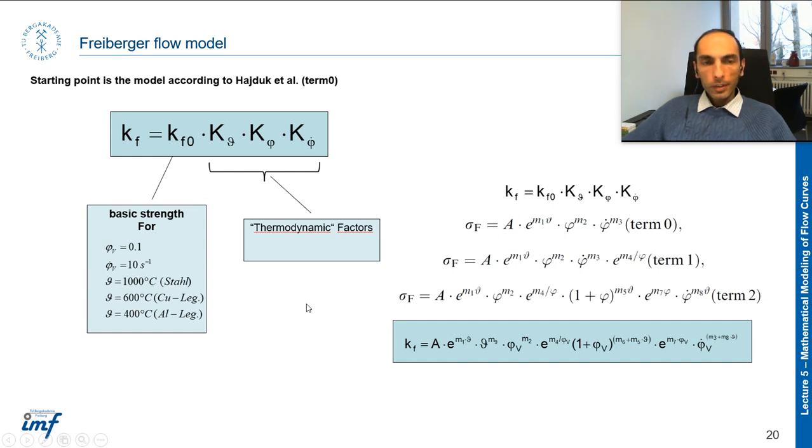As I heard, more than 35,000 rolling experiments have been carried out up to now to obtain these parameters for different materials, and to make this model applicable for different kinds of materials. And 35,000 rolling experiments is a big amount of tests.